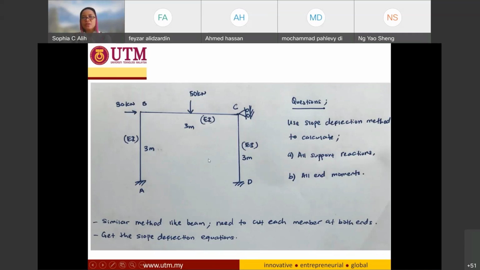There is no difference between these two conditions, whether it is for beam or frame. The equation is all the same. The procedures are all the same, and also what you have to do step by step is all the same.